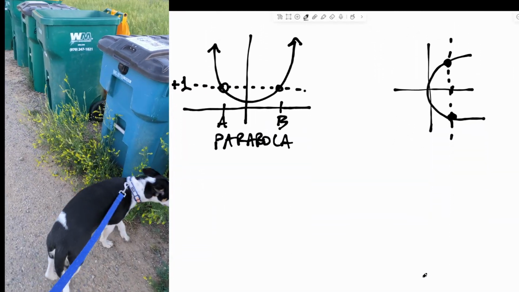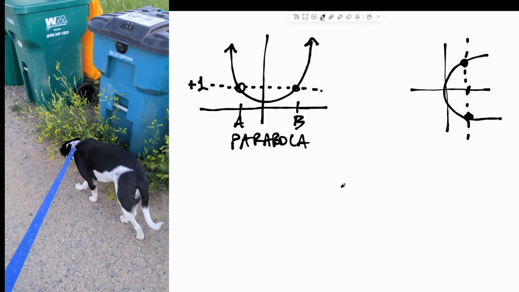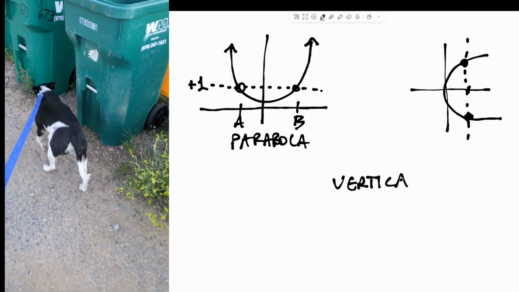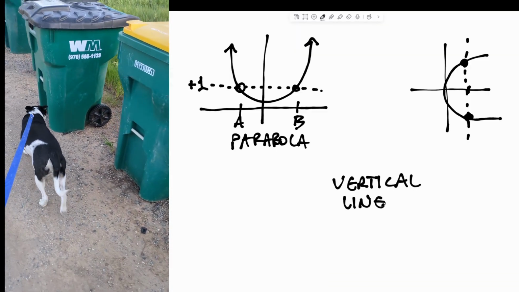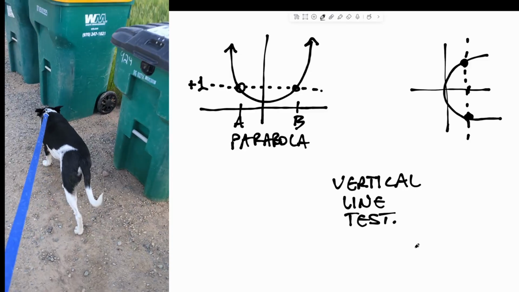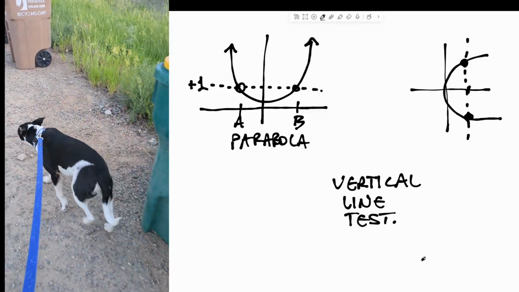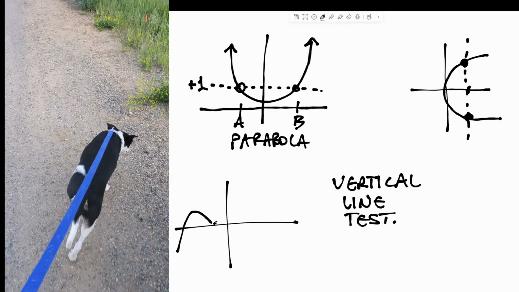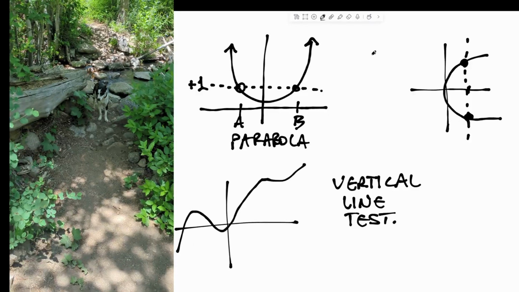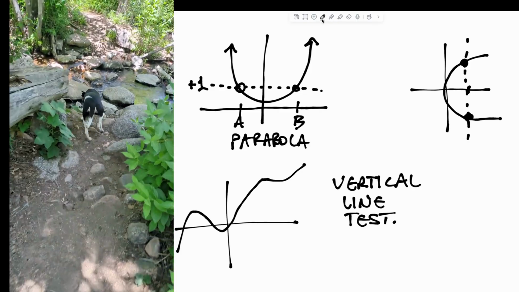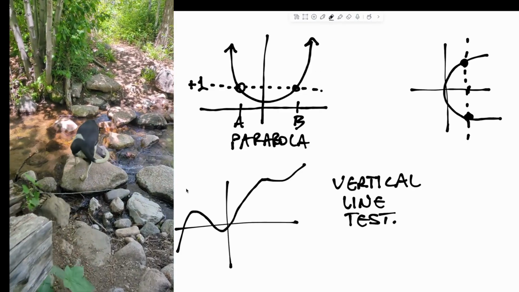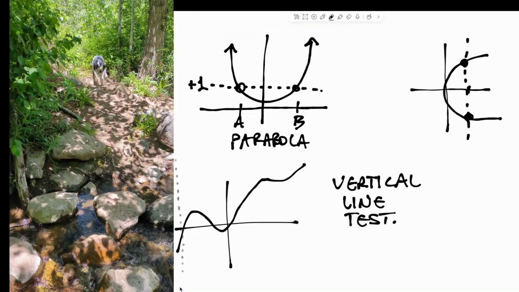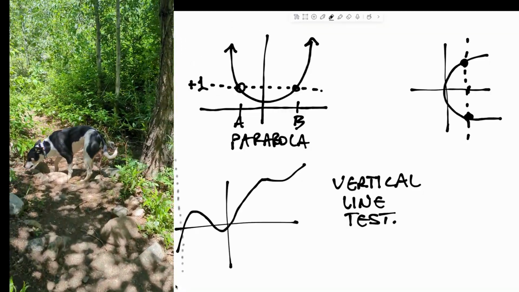And so sometimes we informally call this the vertical line test. If you have a graph, you can imagine for yourselves starting with a vertical line, and we read from left to right here.